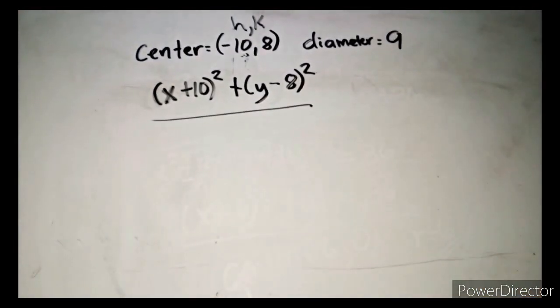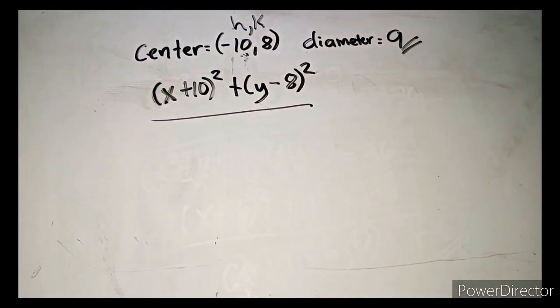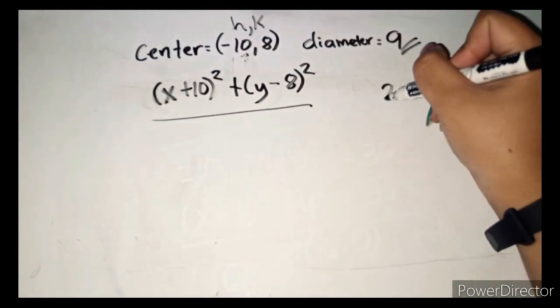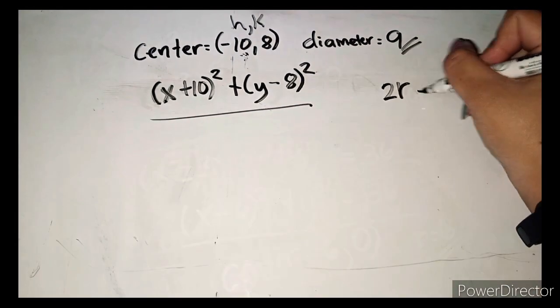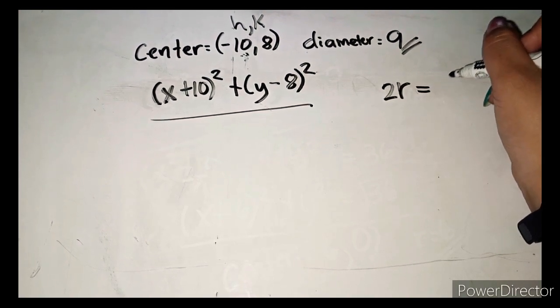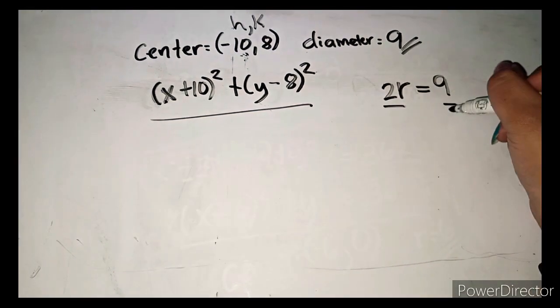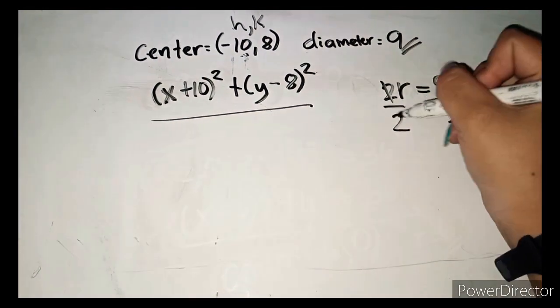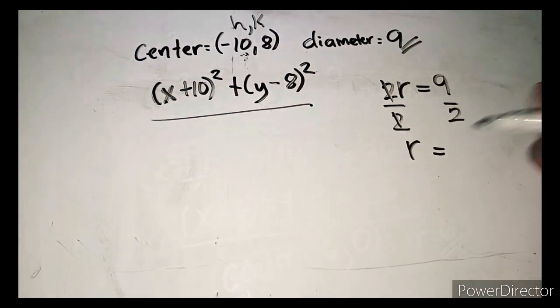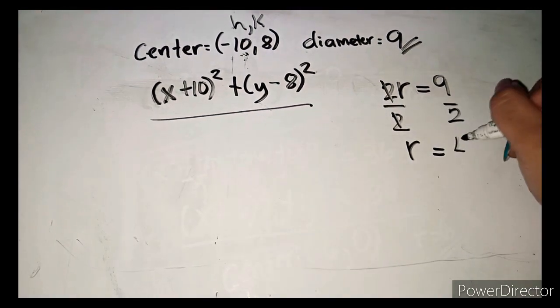How about naman yung sa radius? Since diameter ito, i-convert muna natin siya into radius. Paano? Twice pala ng radius ang diameter. So, 9. So, divide natin both sides by 2. Makakancel. So, may iwan na lang si r or si radius. Then, 9 divided by 2 is equal to 4.5.